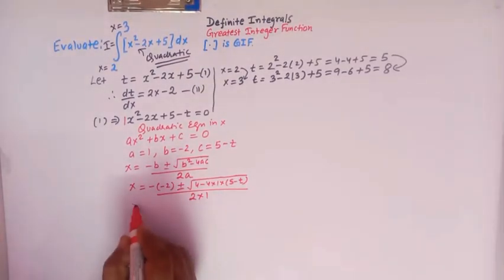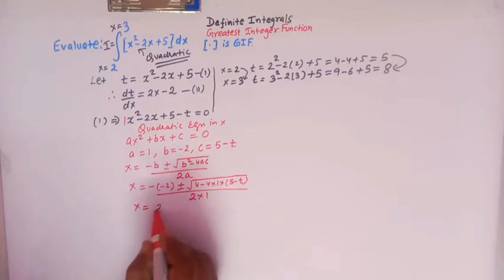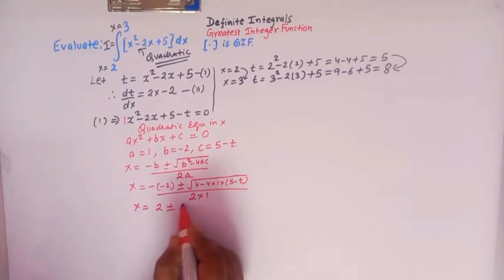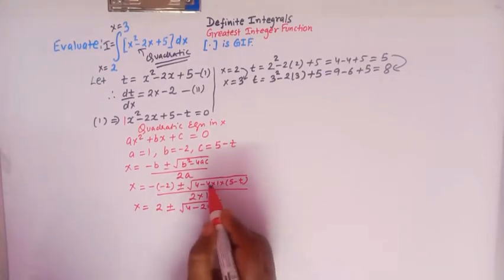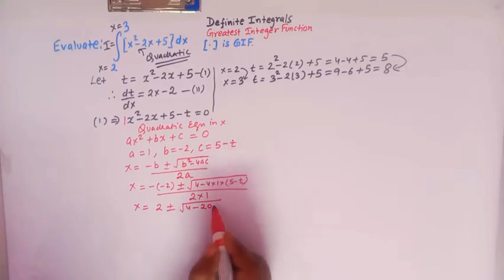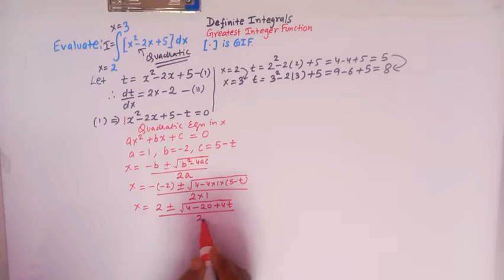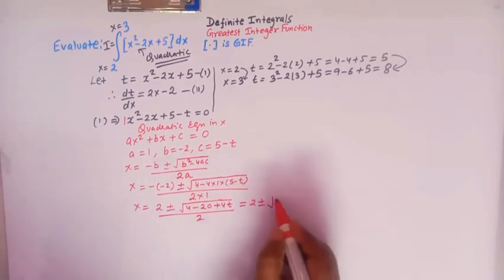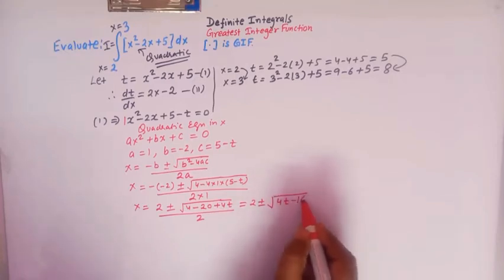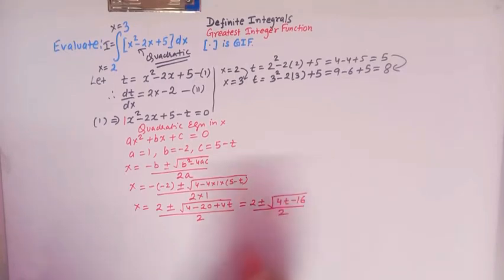So x is equal to 2 plus minus square root of 4 minus 20 plus 4t over 2, since 4 fives are 20. So we can write it as 2 plus minus square root of 4t minus 16 over 2.